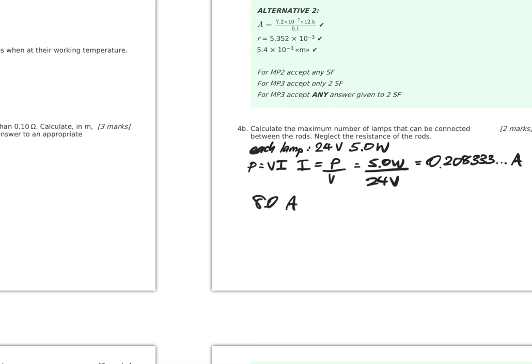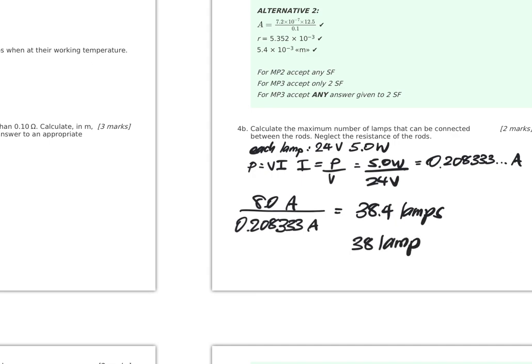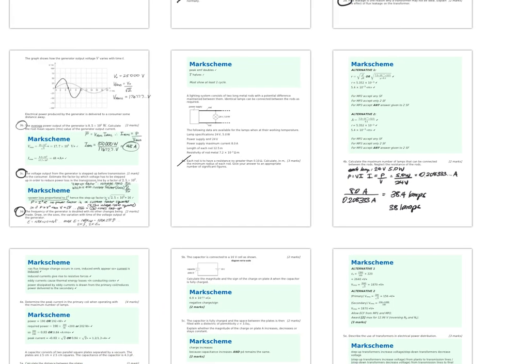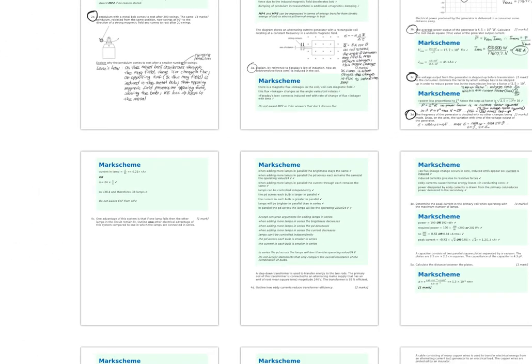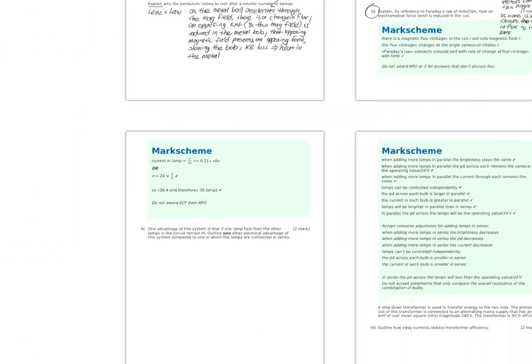So 8 amps divided by the current in each lamp, and that gets me 38.4 lamps. And you can't have 0.4 of a lamp, so the maximum number of lamps is 38 lamps, which does line up with the mark scheme over here, 38 lamps.